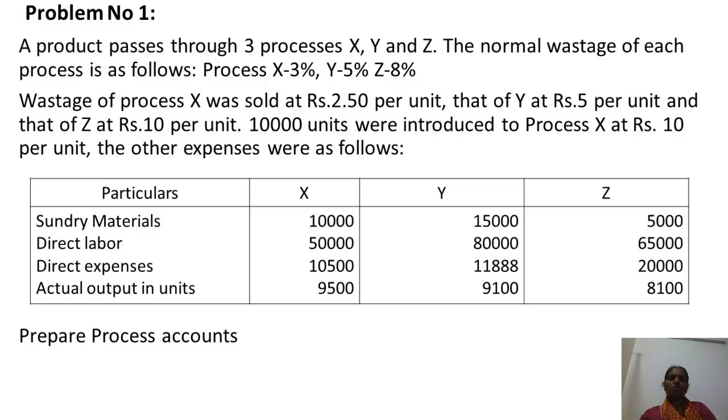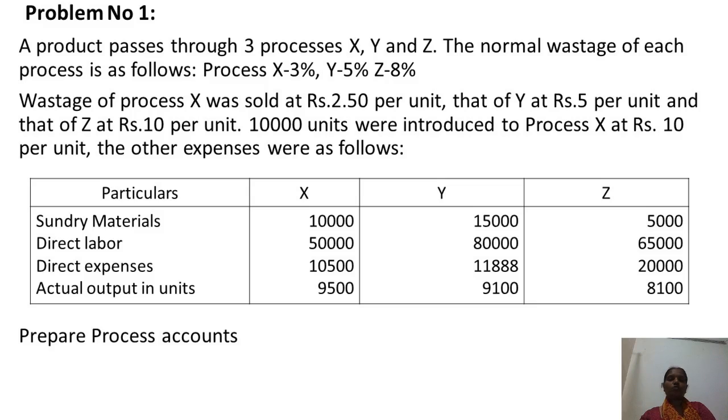Next, direct expenses, for X 10,500, for Y 11,888 and for Z 20,000. Then in case of process X, the actual output in units is 9,500, process Y actual output is 9,100, and in case of Z actual output is 8,100.